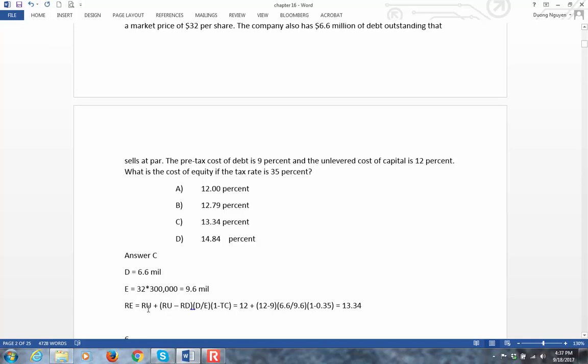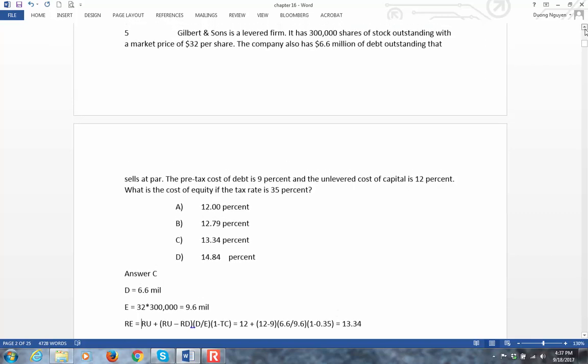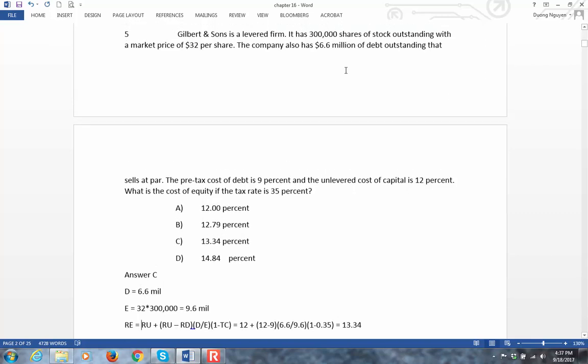So the unlevered cost of capital is 12% right here, and the pre-tax cost of debt is 9%, so 12 minus 9 times the debt equity ratio. You calculate the value of debt right now: it is 6.6 million.